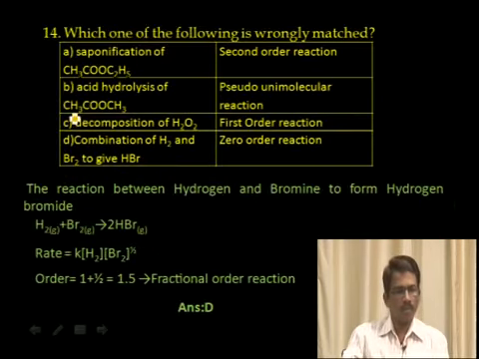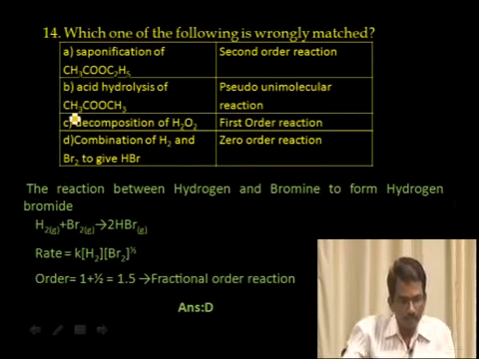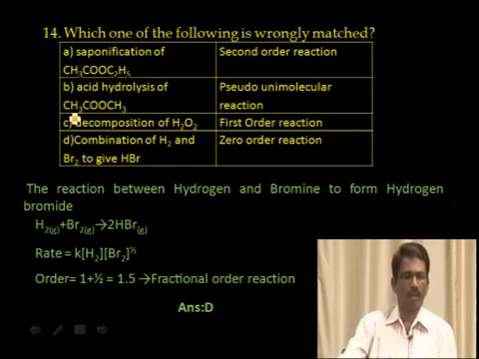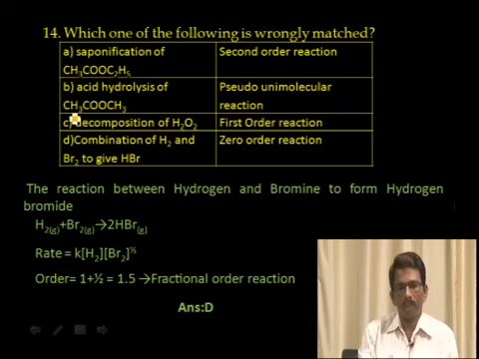Then we will move on to question number 14. This question has, which one of the following is wrongly matched? As I told you just now, saponification of CH3COOC2H5, that is ethyl acetate. Saponification is also called alkali hydrolysis of ester.